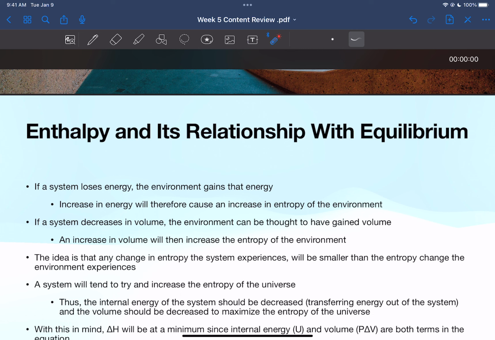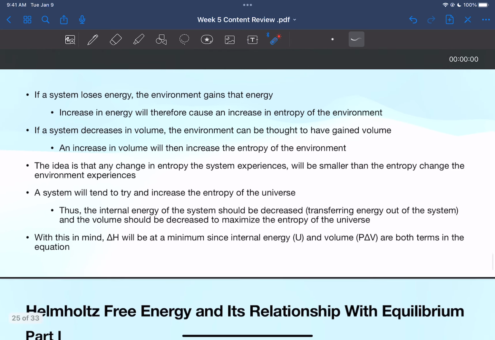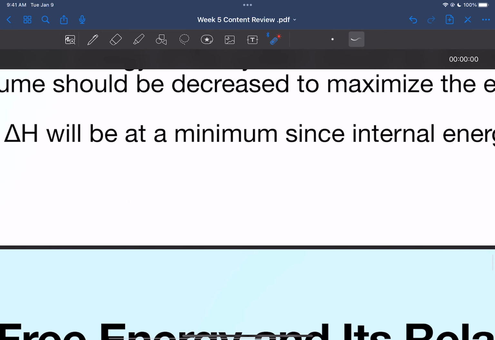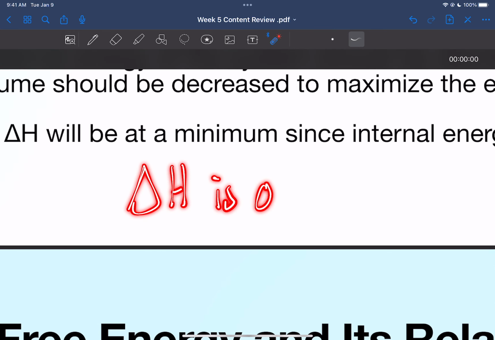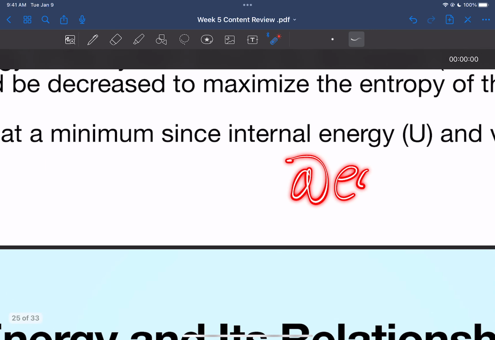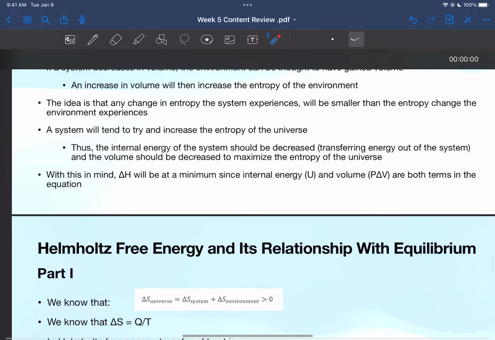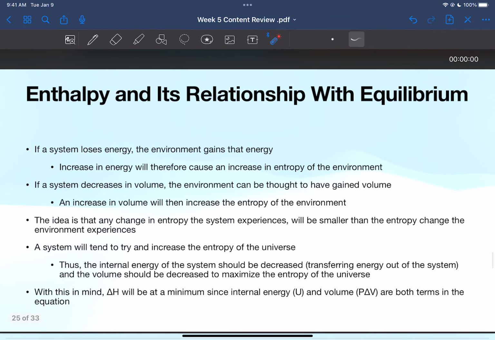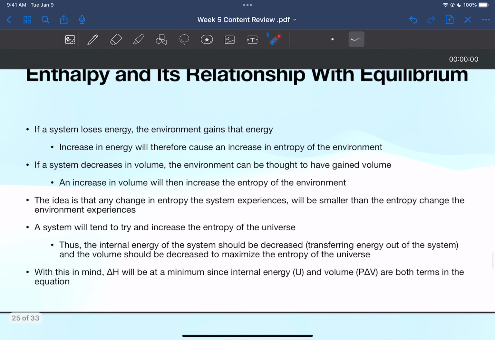And we want to maximize that entropy. If we maximize the entropy, we minimize the internal energy and we minimize the volume, and we therefore minimize enthalpy. So enthalpy is at a minimum, right, at equilibrium. So that checks off the relationship between enthalpy and equilibrium.